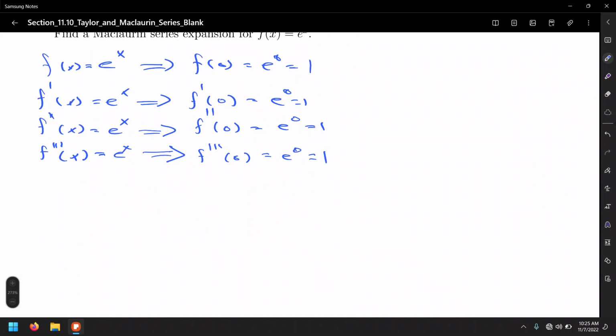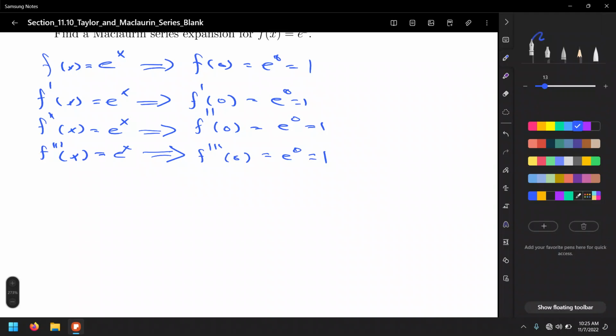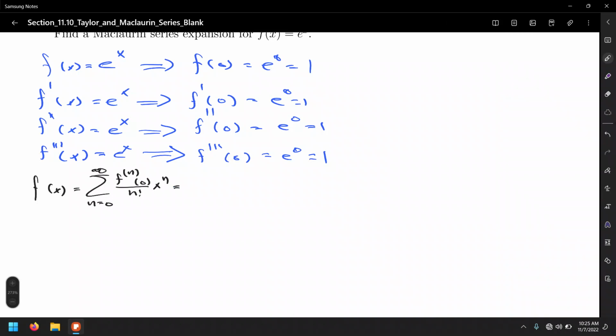Well, so in this case, let's write the formula again. Sigma n equals 0 to infinity f^(n) evaluated at 0 over n factorial x to the n. And well, let's start expanding: f of 0 over 0 factorial x to the 0. Just write down the pattern.